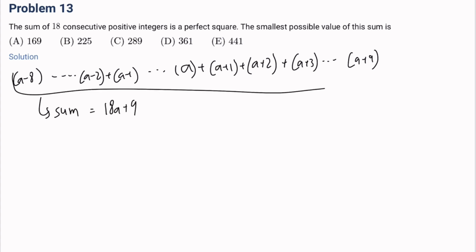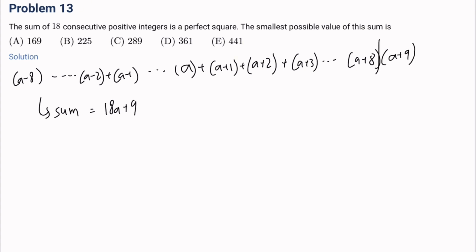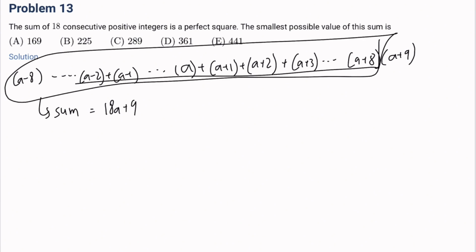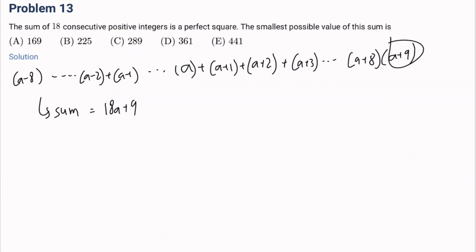So the sum of these 18 numbers is going to be 18a plus 9, right? Because a plus 8 and a plus 9 and a plus 9, this much is just going to be 17a. So this added equals 18a plus 9, but then this is a perfect square, so this is 9 times 2a plus 1, right? And we want the smallest value of that.